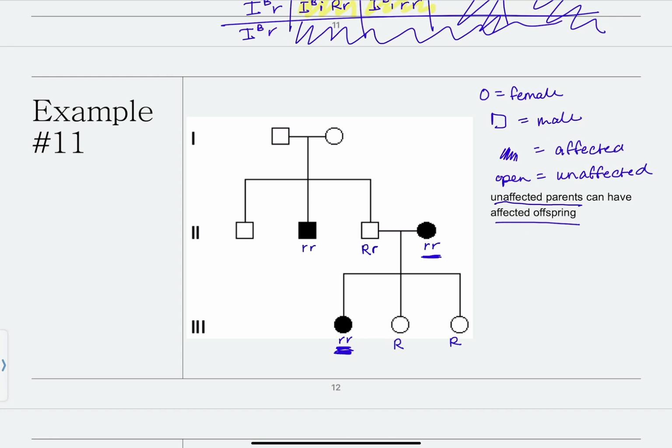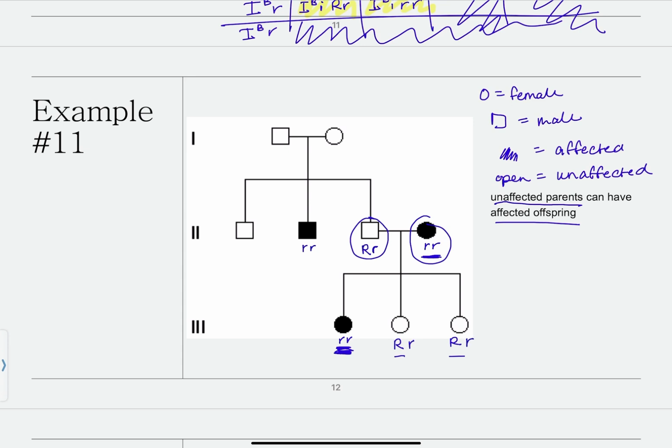Okay, looking at the other 2 offspring, they have a dominant allele because they are unaffected and we don't see any shading. The only parent who was able to donate this was dad, which means that the affected mom had to give them a recessive allele.